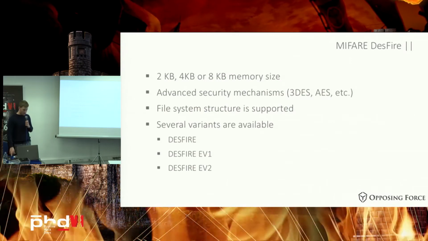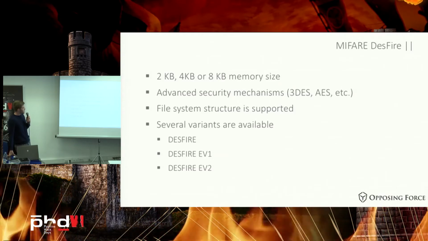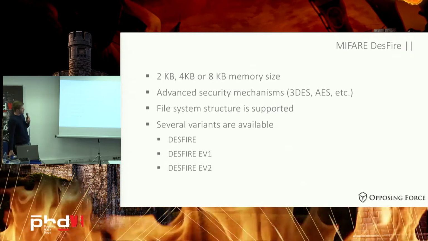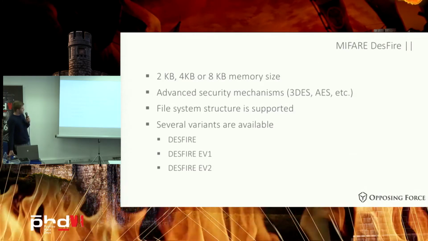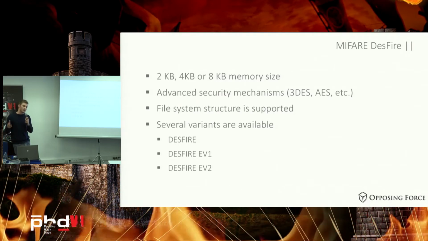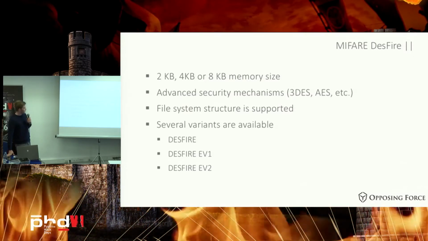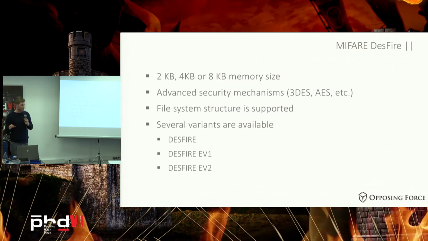And then we have MIFARE DESFire. Again, pretty big memory size, some advanced security mechanisms, like 3DES, etc. There is a file system structure, so you can have folders, you can have files inside the folders, counters, whatever. And there are some variants. You have the DESFire first generation, which is broken.